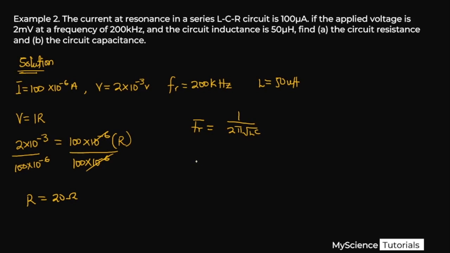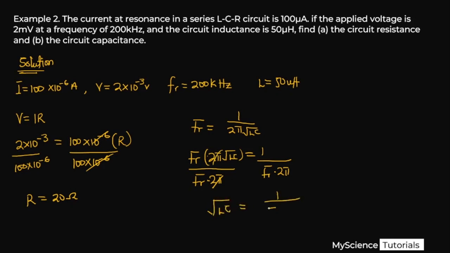If we cross multiply here, we have resonant frequency multiplied by 2 pi the root of LC equals 1. So we divide both sides by resonant frequency multiplied by 2 pi. We will be left with the root of LC is equal to 1 over resonant frequency times 2 pi.